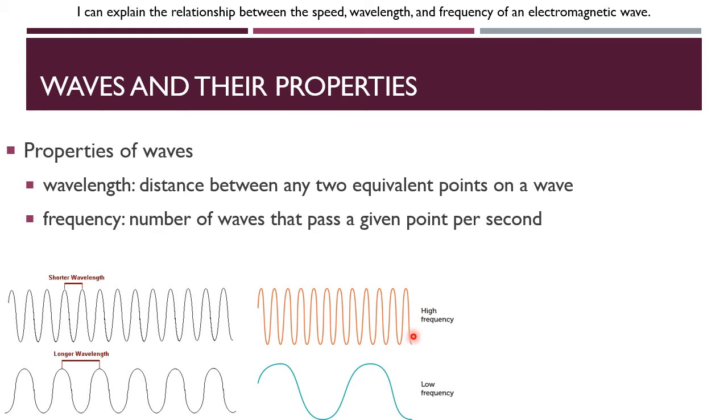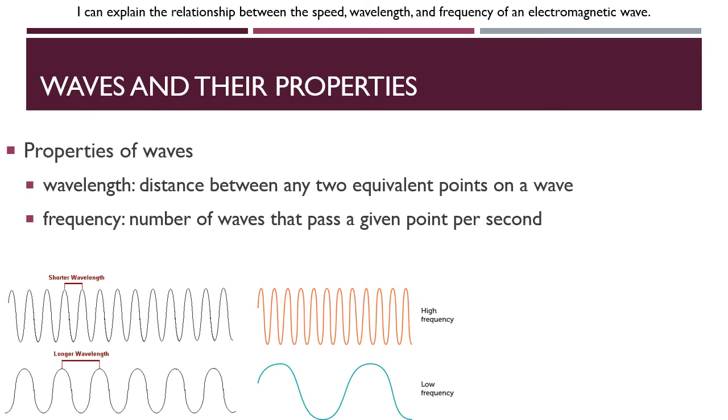Because just imagine if you were just standing here along the side of these two waves, and these waves were passing you, assuming that they're going the same speed, this particular wave would have 1, 2, 3, 4, 5, 6, 7, 8, 9, 10, 11, 12 different wavelengths that would pass you, whereas this would only have 1, 2.